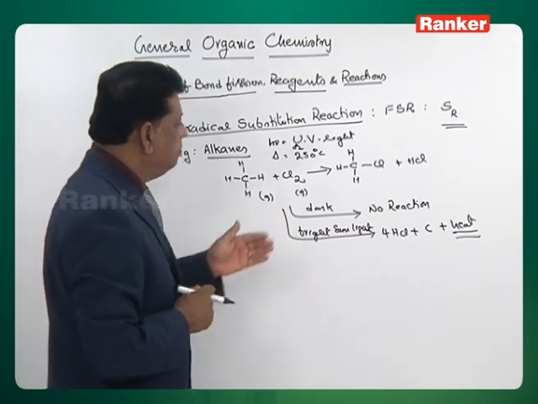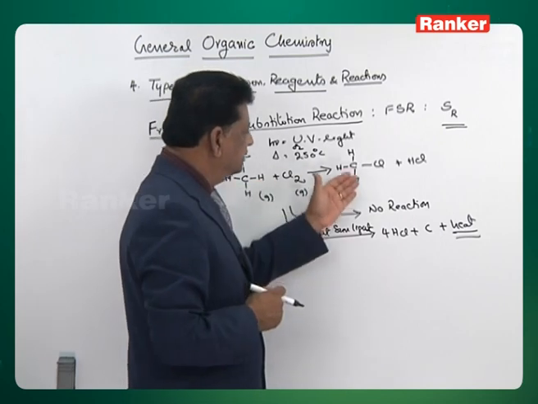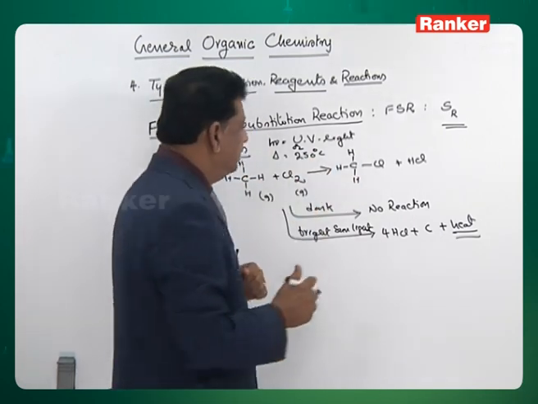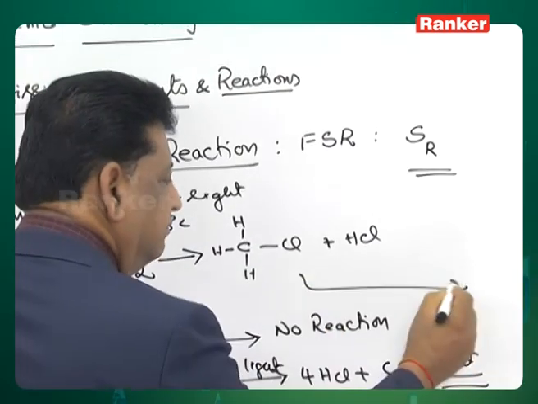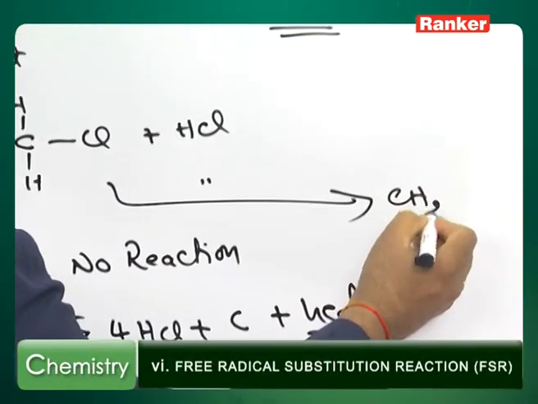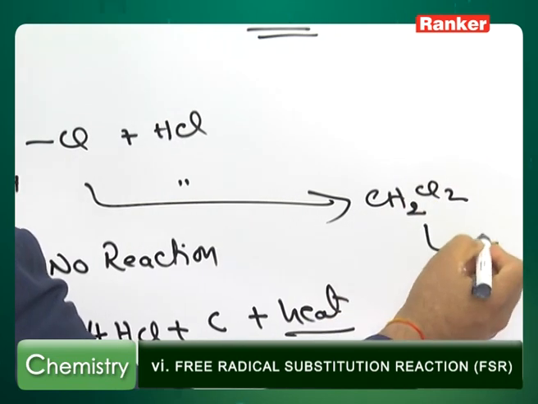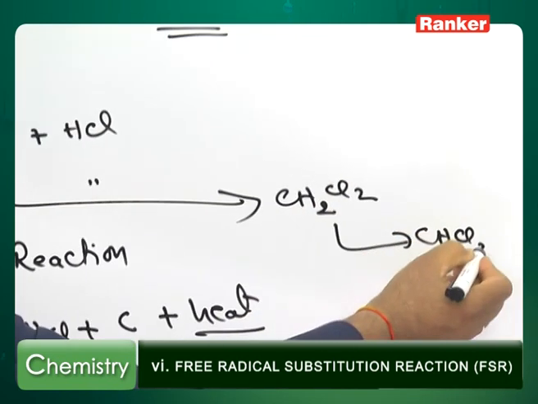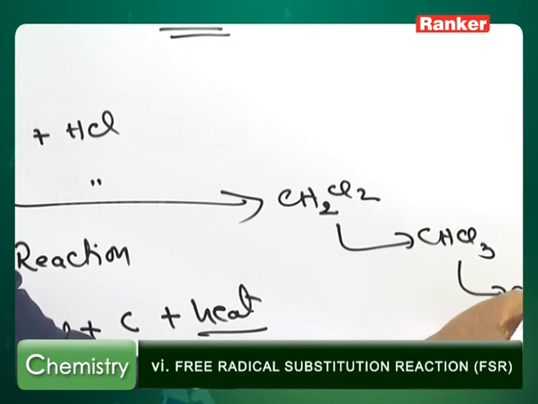However, because 3 more hydrogens are there, the methyl chloride further reacts under the same condition, and you will get CH2Cl2. Further reaction will give CHCl3, and further reaction will give CCl4.